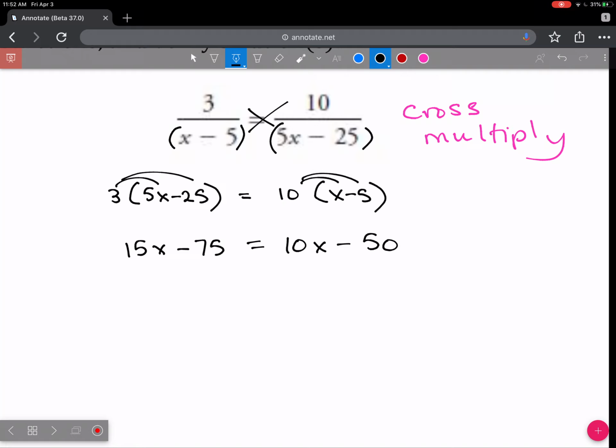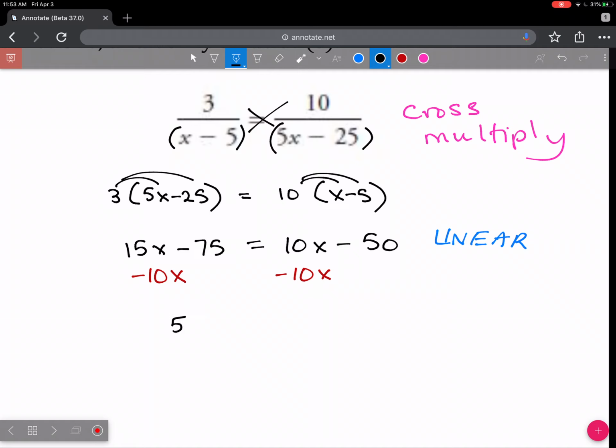And then this type of equation is what we call linear, because the highest power on any x is a 1. So this type of equation solving is the type that you've been most familiar with in your studies. We want to get the x's on one side and the numbers on the other. I prefer to keep my x positive, so I'm going to subtract 10x on both sides, as opposed to subtracting 15x on both sides.